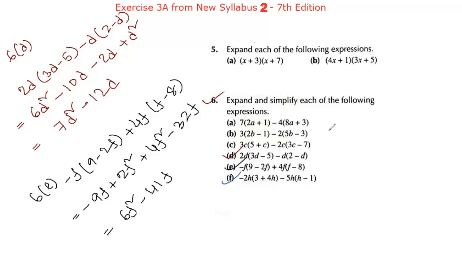Now 6F. 6F says minus 2H into 3 plus 4H minus 5H into H minus 1.